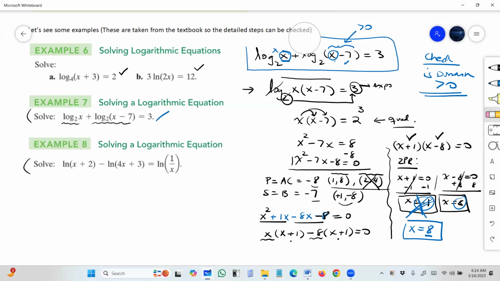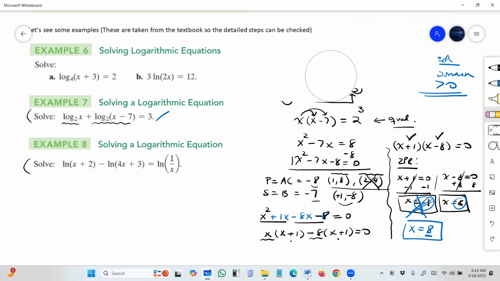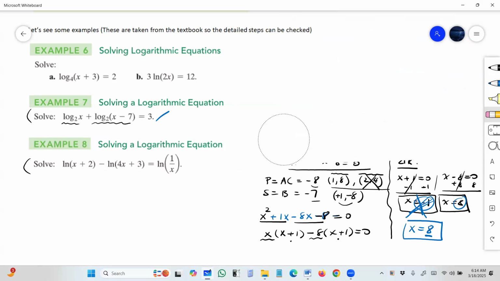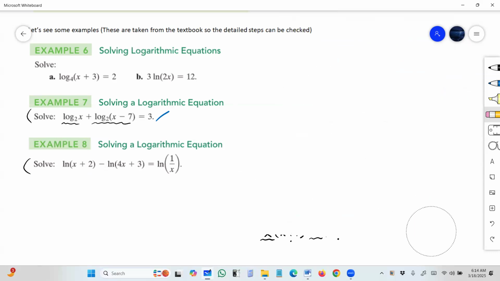Let's take a look at the last question, which is similar to this one, but we use a different log property. So last case.